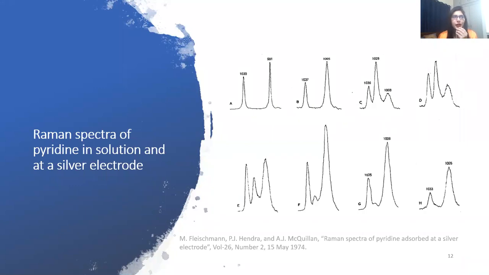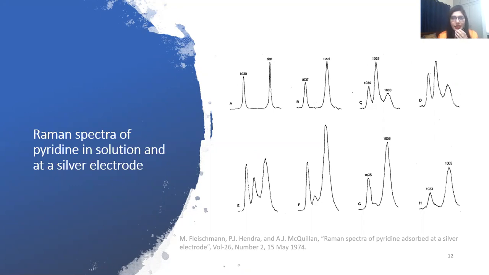Raman bands of pyridine in different environments. For the 1008 per centimeter band at about minus 0.1 volt, the properties of adsorbed pyridine are nearly similar to dissolved pyridine. The slight shift is indicated due to the reorientation of water molecules in contact with electrodes.